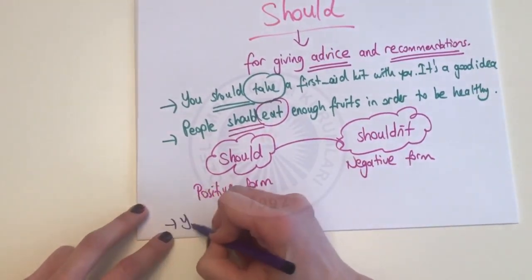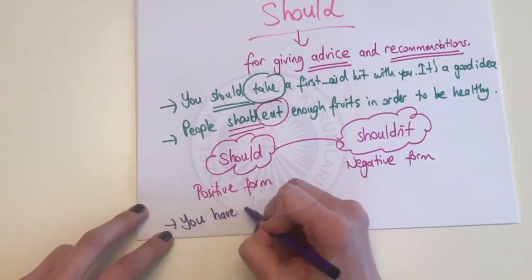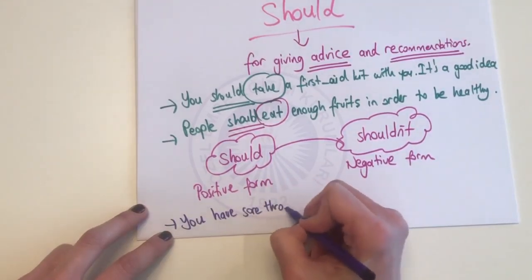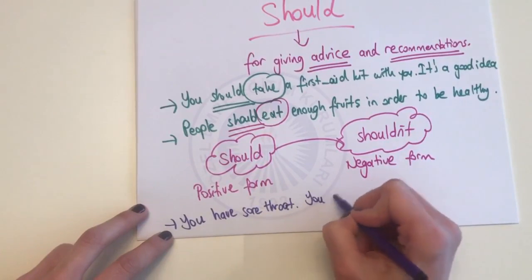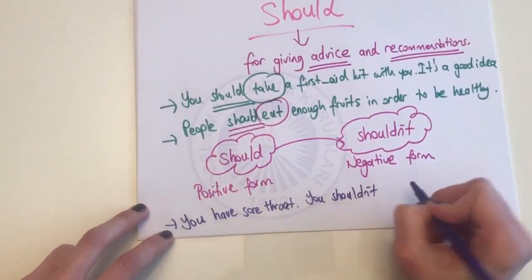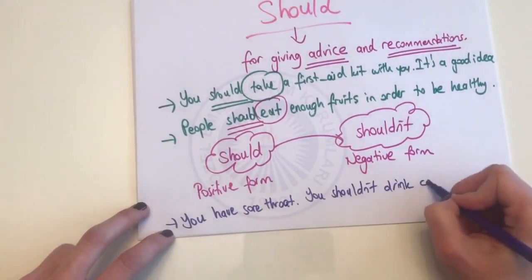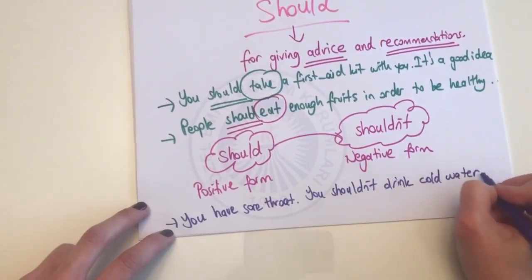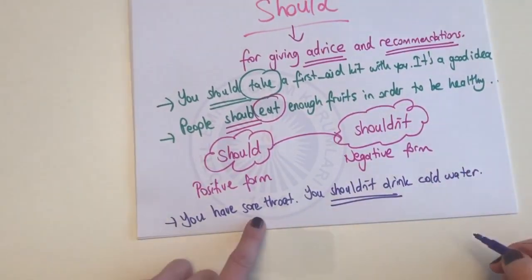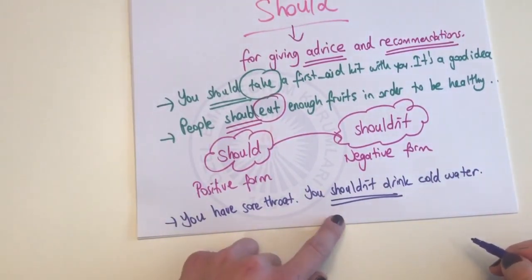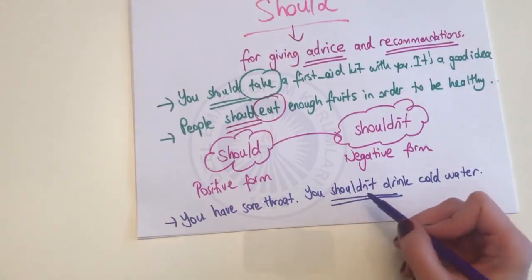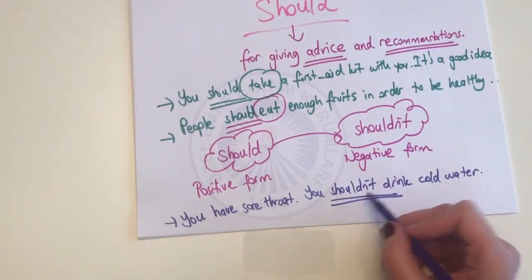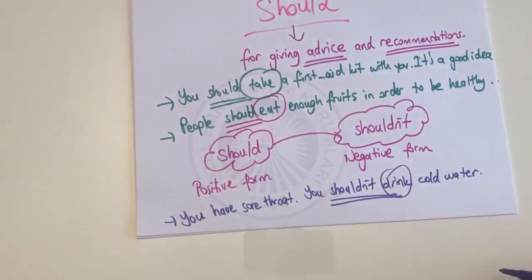For example, you have sore throat, so you shouldn't drink cold water. Again, these sentences give us advice, but this is negative form. Again, after negative, we use just verb.